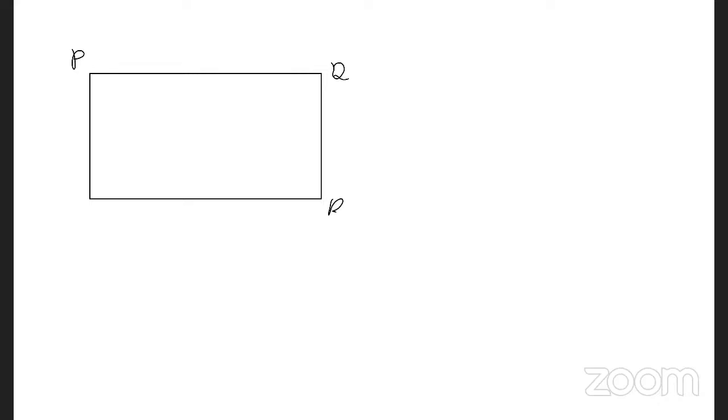A rectangle is a figure that looks like this. What is the speciality of this figure? It is that this side is equal to this side, and this side is equal to this side.